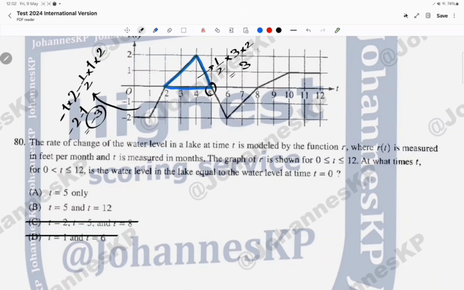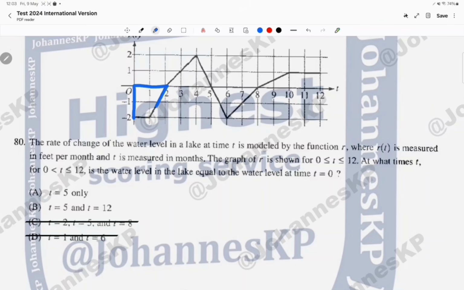Let's check the time of 12. So here, this is going to be, we said, negative 3. This guy is 3. This guy is what? Negative half base times height.